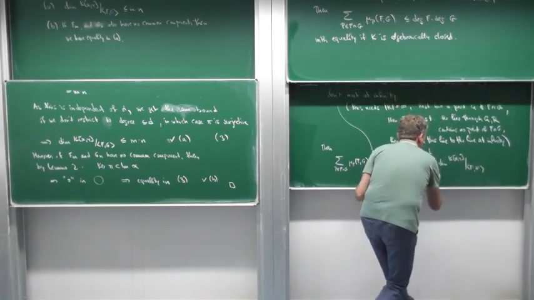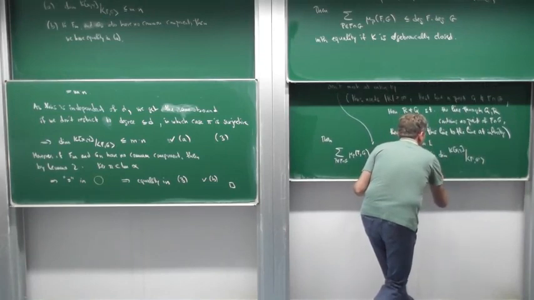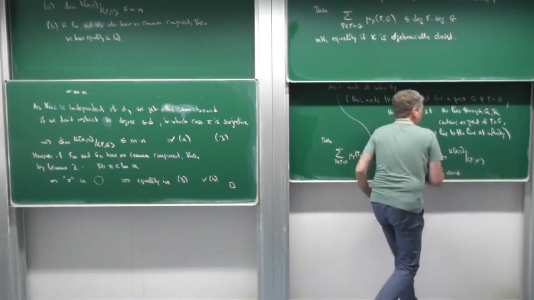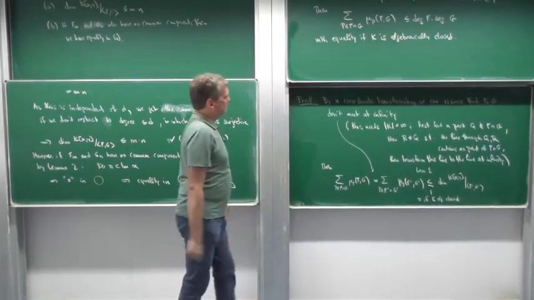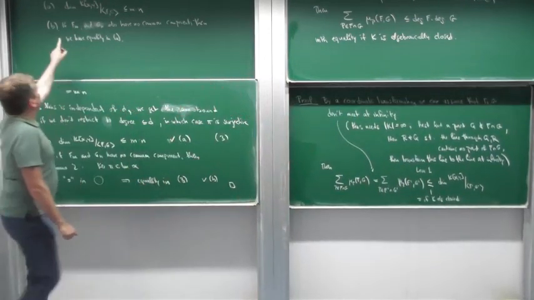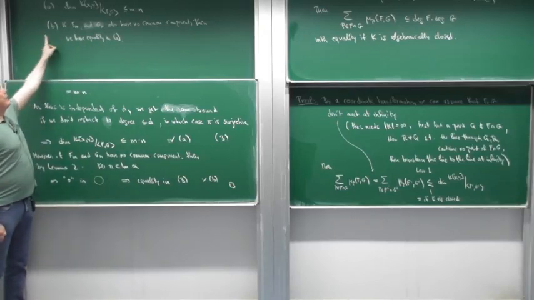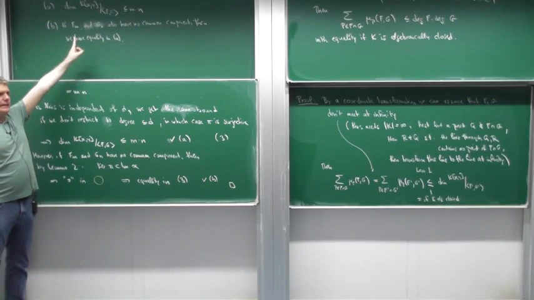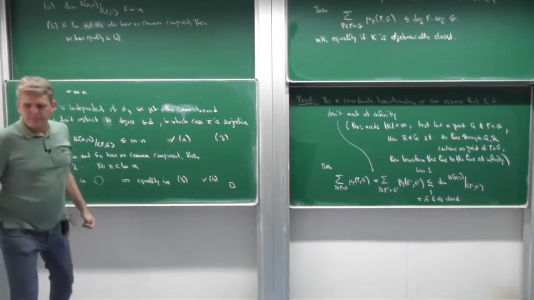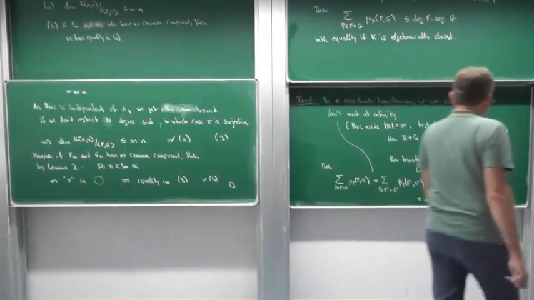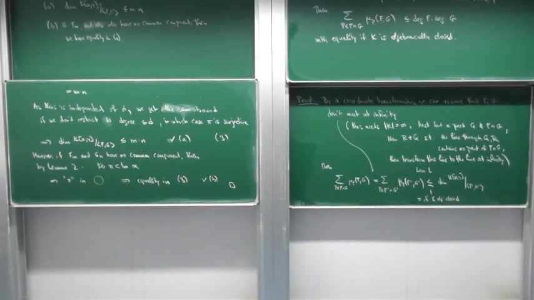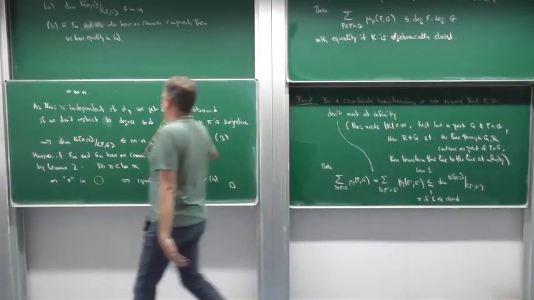And here we have equality if k is algebraically closed. And this dimension we just computed here. Okay? And there we are always in the case B, because we don't have any common components of the leading term. And hence there we always have equality by lemma 3.